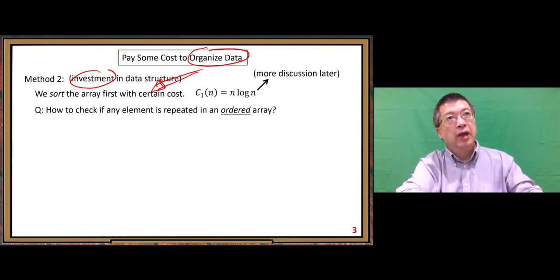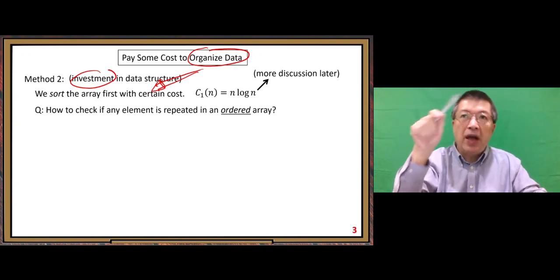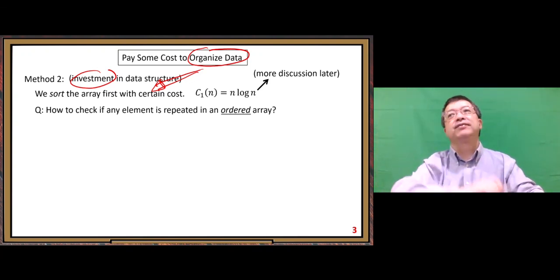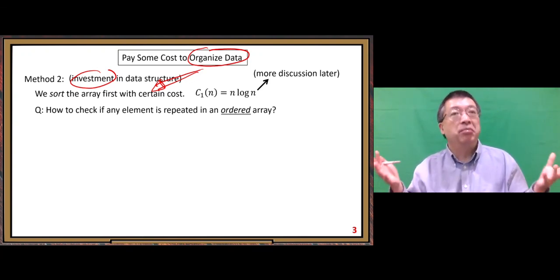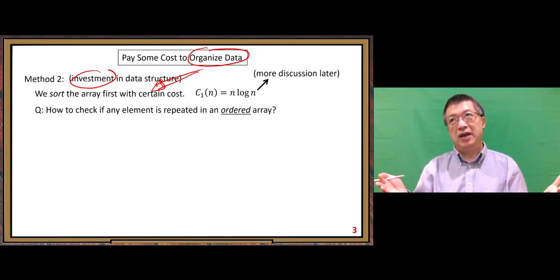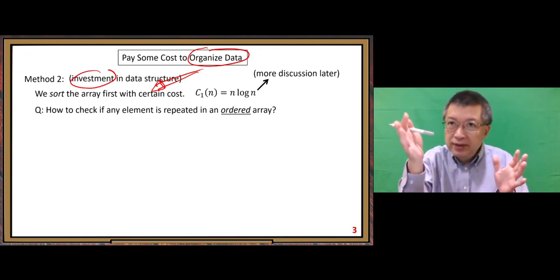The next question: how to check if any element is repeated in an ordered array. This time, the ordered array is our new starting point. We have an ordered array. Now we want to check if any element is repeated.